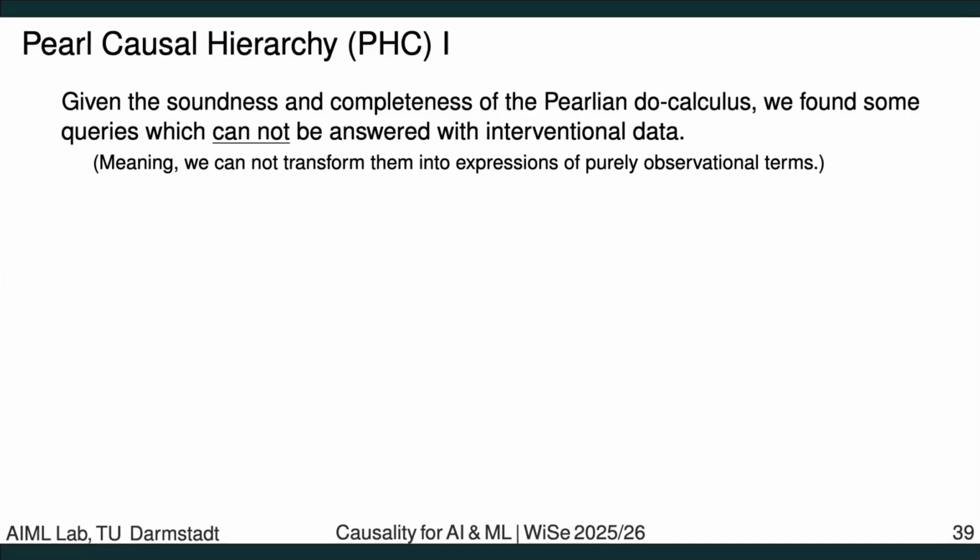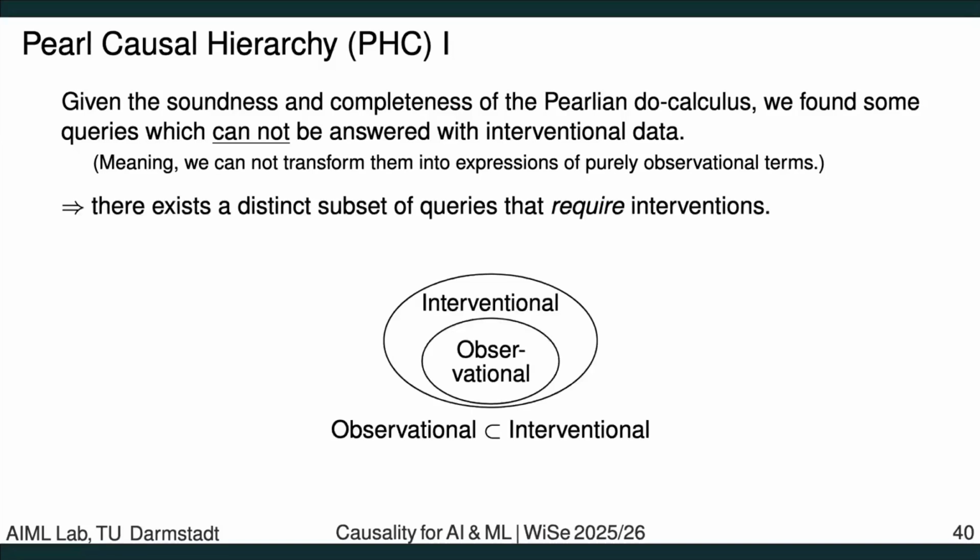Basically this means that there is a distinct class of queries which does not live on the observational level, so to say. We can't reduce it to observational-only expressions, and they form a distinct class. This is what is formally meant by having a different rank, or being a different class: some of the interventional queries we can't answer with observations, or can't transform in this way.